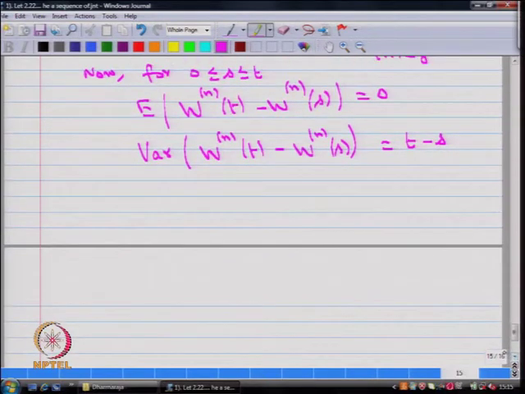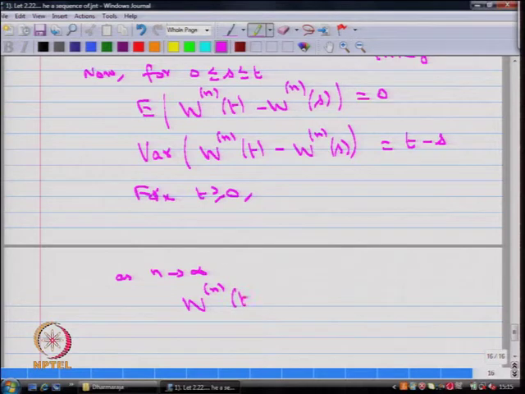By using mean and variance, for fixed t greater than or equal to 0, as n tends to infinity, we can conclude W_n of t tends to a random variable X, and this convergence takes place in distribution.